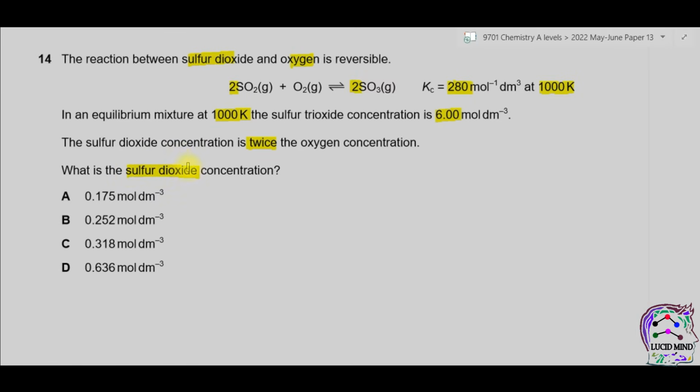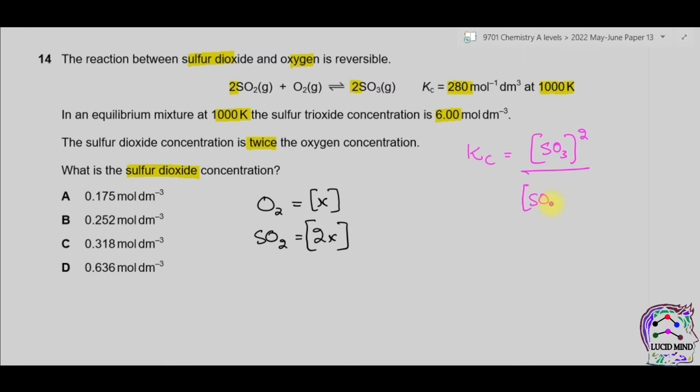So let's suppose we take the oxygen concentration as x, then sulfur dioxide is twice, so [SO2] will be 2x. Concentration is shown in square brackets. Now we can use this value. Let's write Kc. Kc is equal to the concentration of product, which is SO3, raised to the power of its number of moles, which is 2, divided by the concentration of reactants, so SO2 squared and O2.